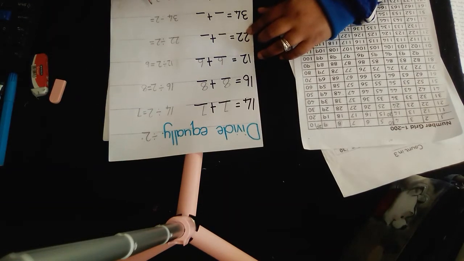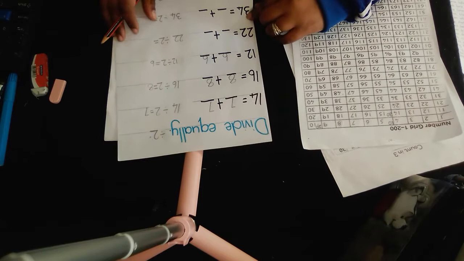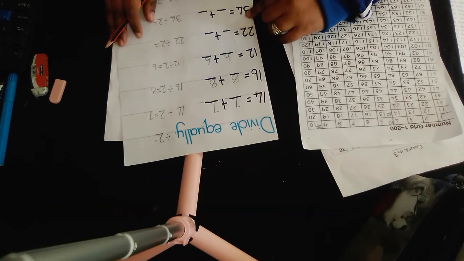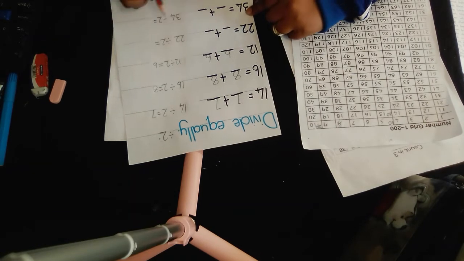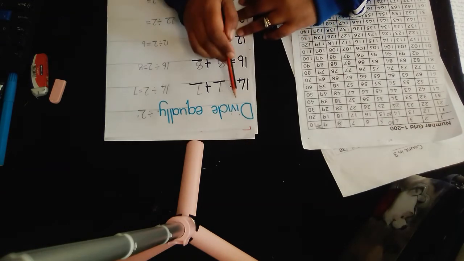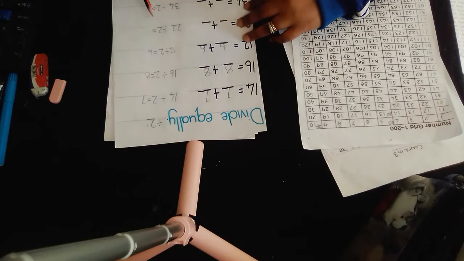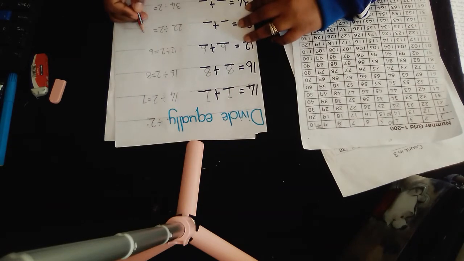22. I have 22 flowers. I have to give Mommy half and Grandma half. I must share my 22 flowers equally between Mommy and Grandma. 22 flowers shared by 2 people, or divide equally by Mommy and Grandma.